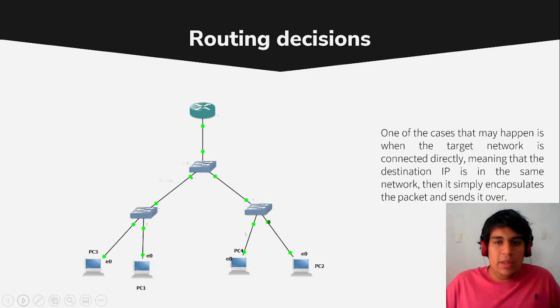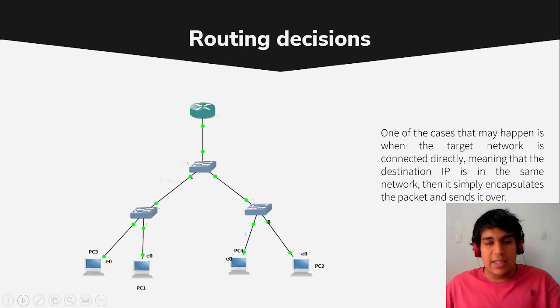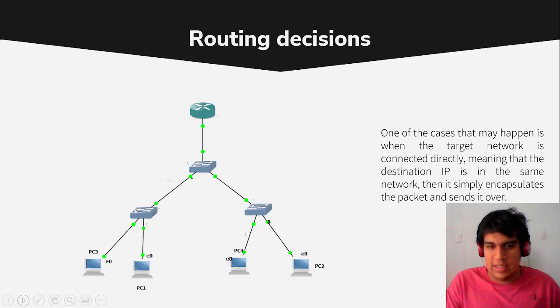In this case, the destination network that package needs to be sent, it's on the same network. It's literally connected to this router. So this is the easiest case for the router because it already knows which network he has to send it over, his own network. So then he only needs to encapsulate the package over again and then send it to the actual destination.